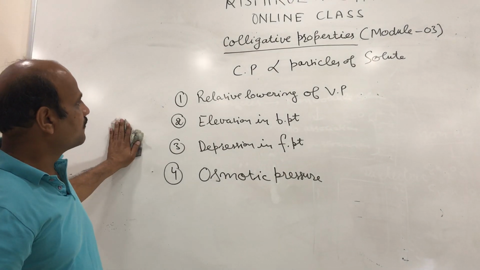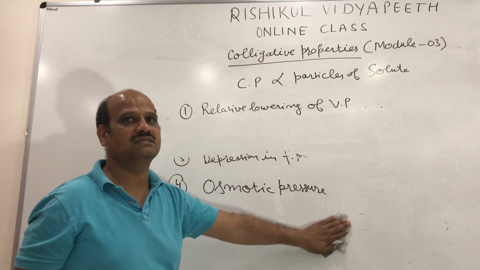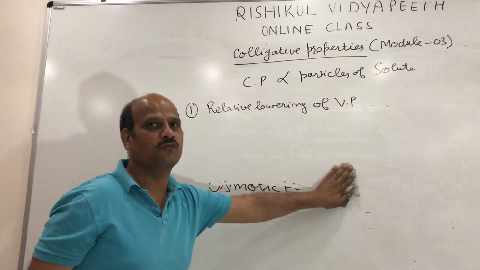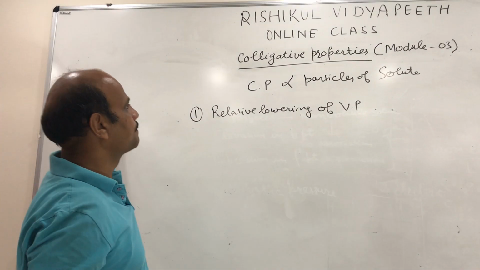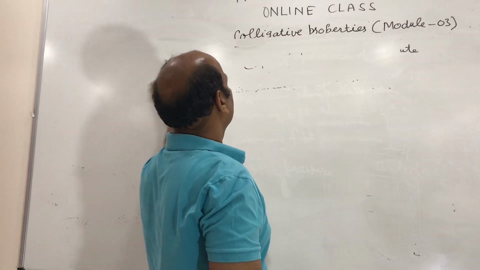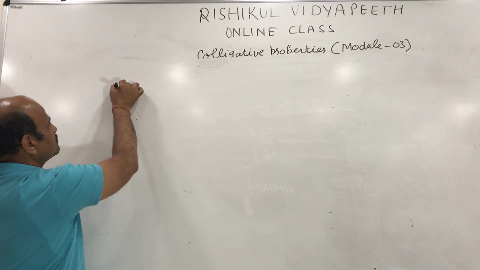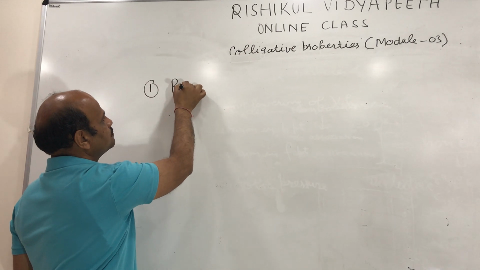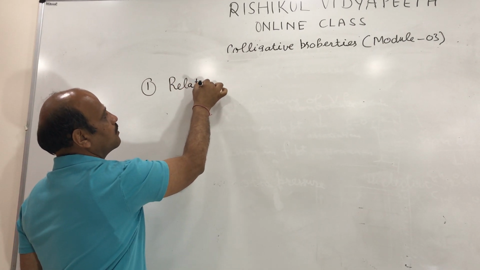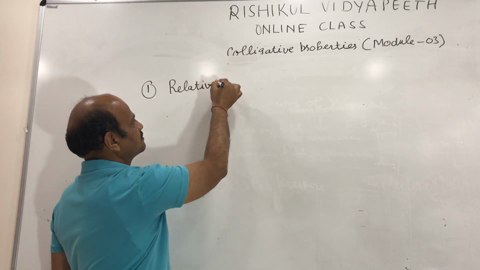So I take the first colligative property, that is relative lowering of vapor pressure.